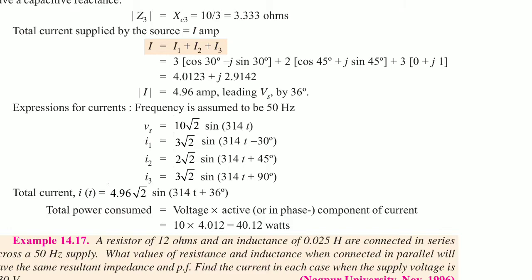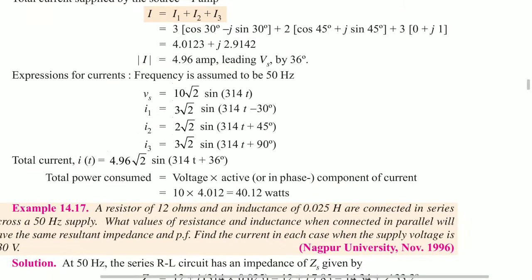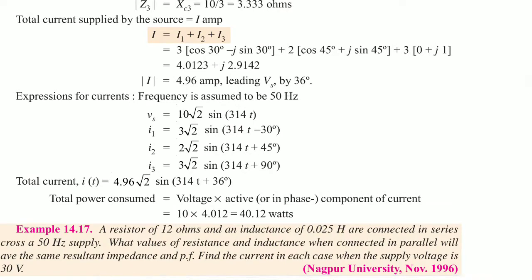I is equal to I1 plus I2 plus I3: I1 is 3 into cos 30 minus j sin 30, plus I2 is 2 cos 45 plus j sin 45, plus I3 is 0 plus j1. That equals 4.0123 plus j 2.9142, the resultant current.